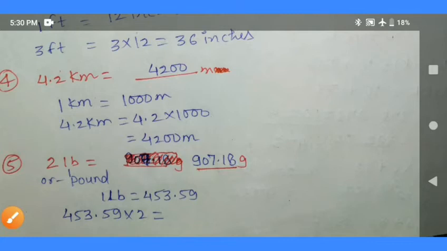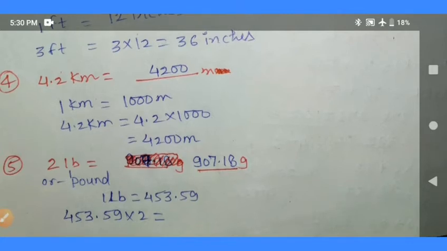Dash is equal to 907.18 gram. This can also be written as pound. So 2 pound is equal to 907.18 gram. 1 pound is equal to 453.59 gram.